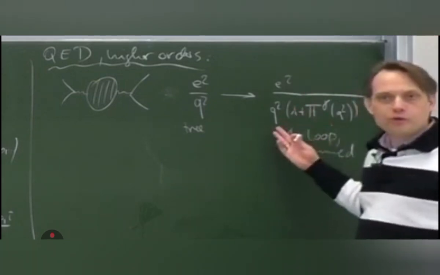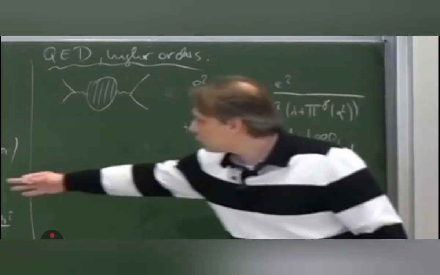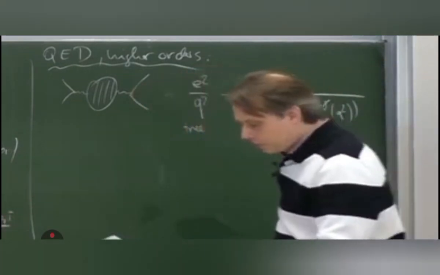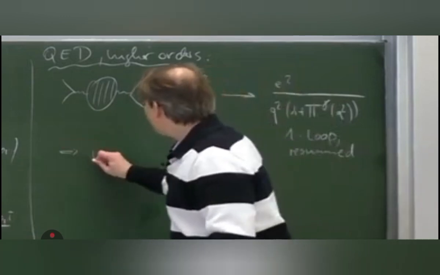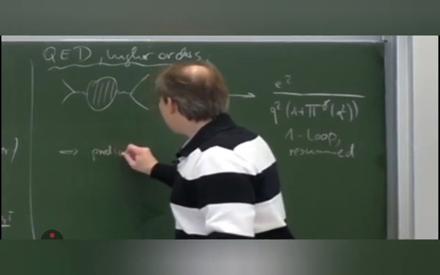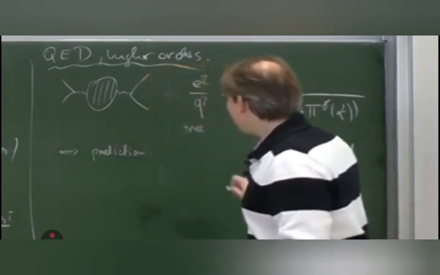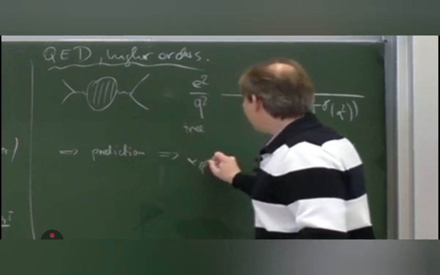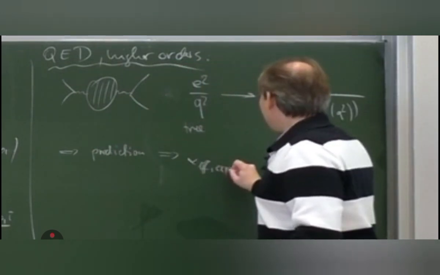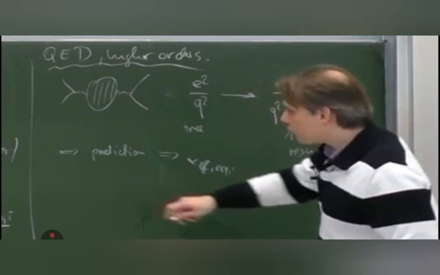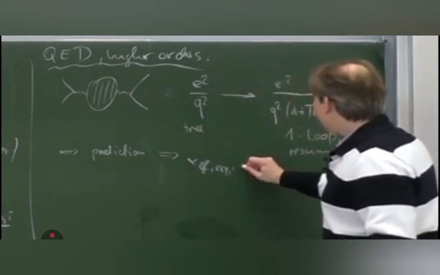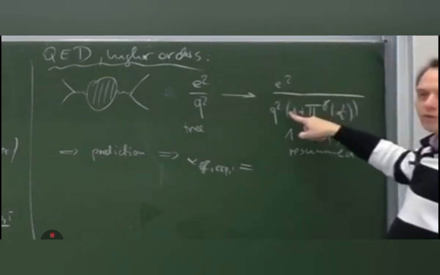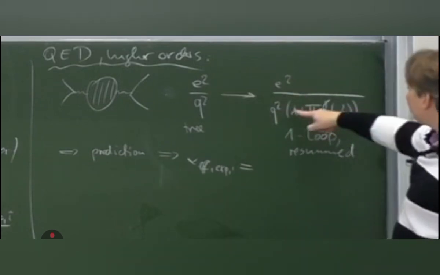And now comparing this to our experimental definition of the effective alphas, it simply means that at higher orders QED in our approximation predicts now the following, namely the effective alpha of experiment I, which works at some particular Q square, is now given by, instead of this, by this expression, and the difference is the factor in the denominator 1 plus pi gamma.